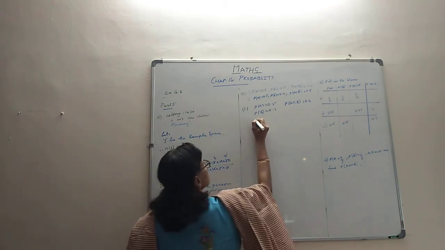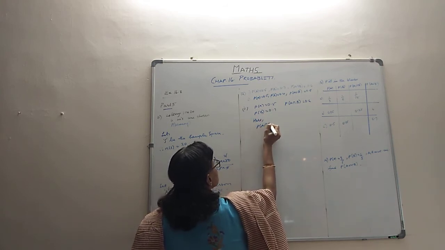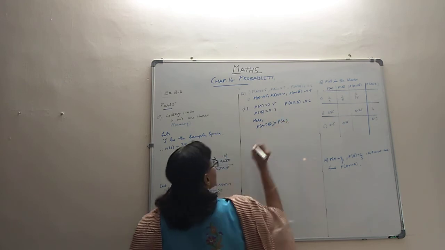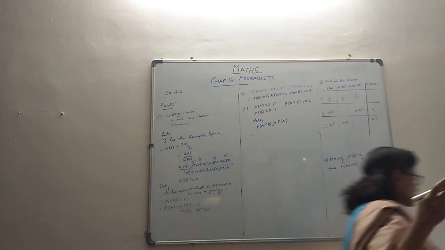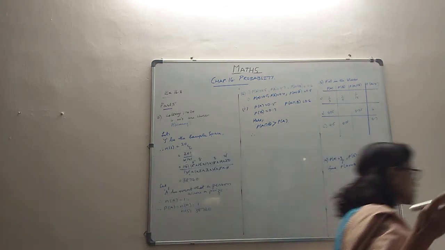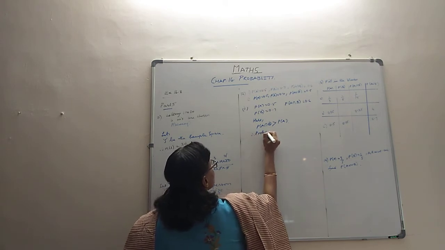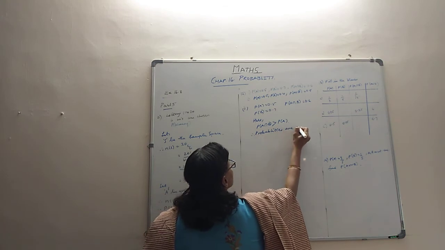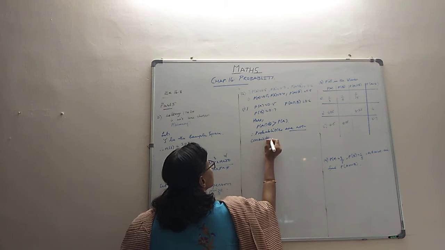Probability of A intersection B is greater than probability of A. Therefore, what have they asked? Whether the probabilities are consistently defined. They are not consistently defined.